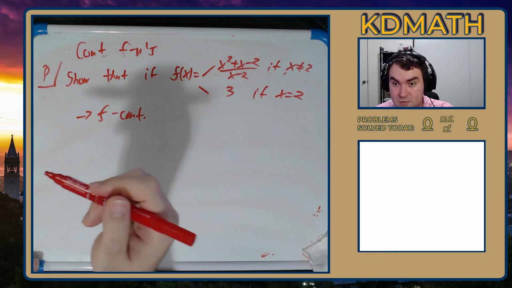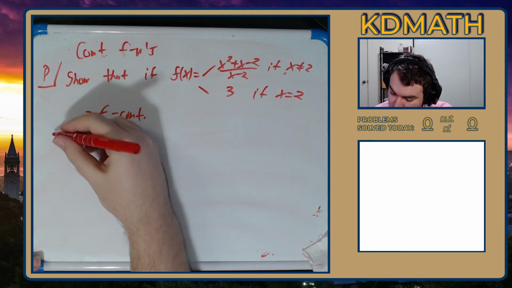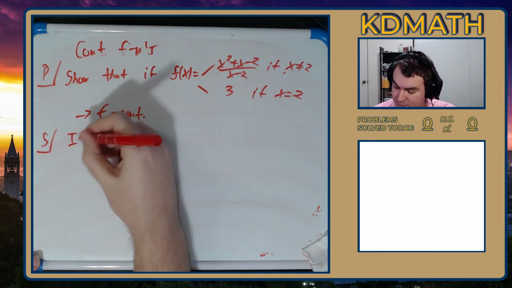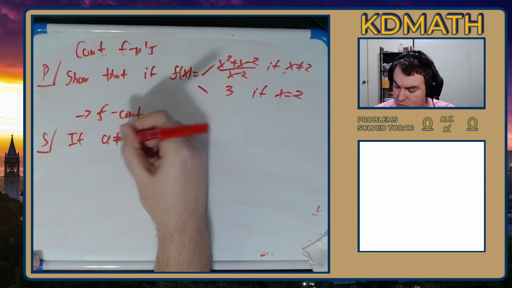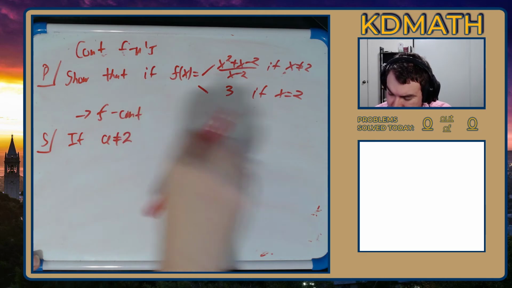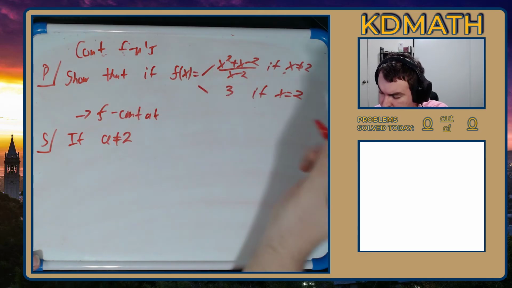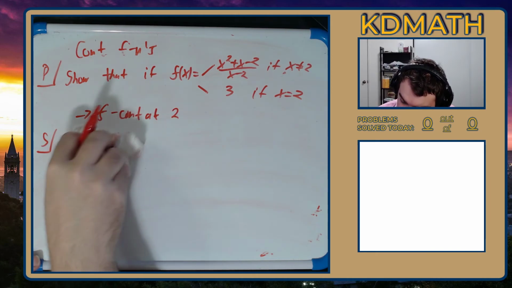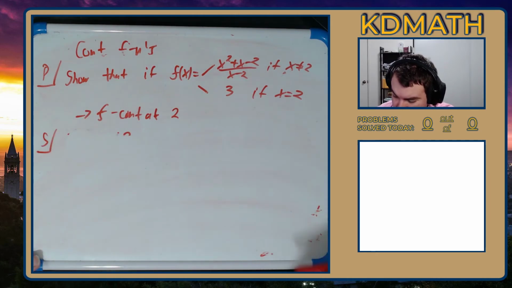Well, let's do it the following way. So proof or solution. If a is not 2, the rest you can try to do at home, but let's just show that f is continuous at 2. Right? Let's just show that 2 is a point of continuity.